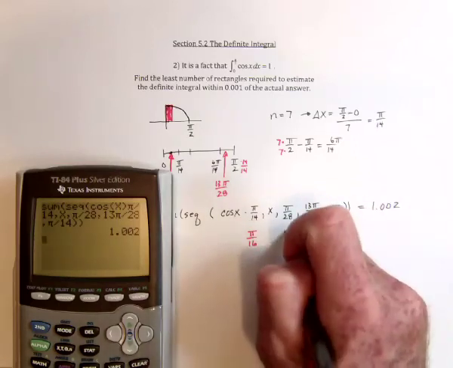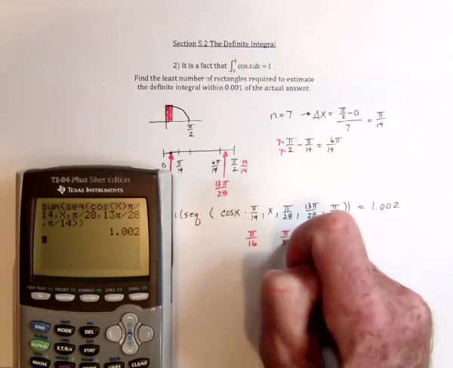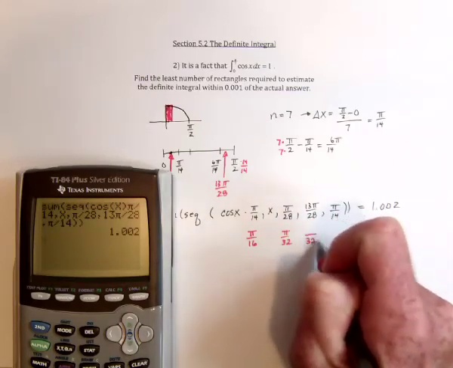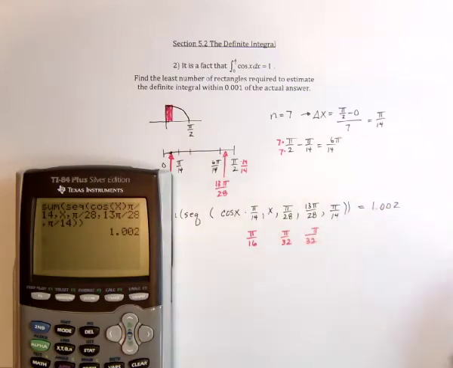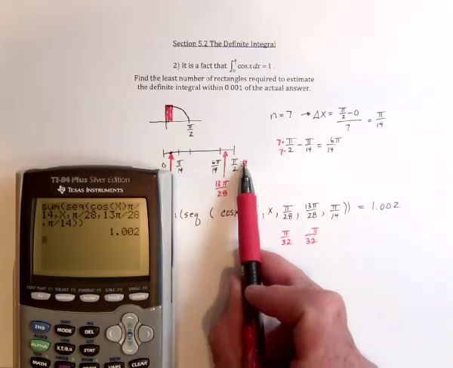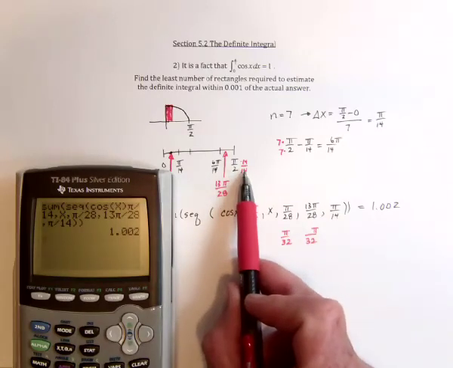So we have pi over 32. And then this would still be over 32. So back over here, instead of 14 over 14, we would be using 16 over 16, so this would be 36 over 28.